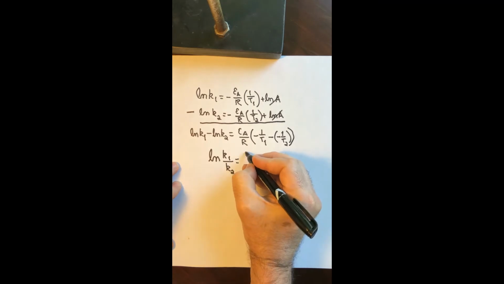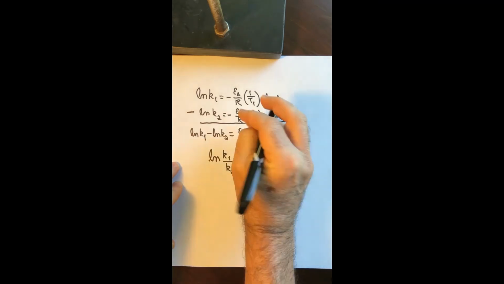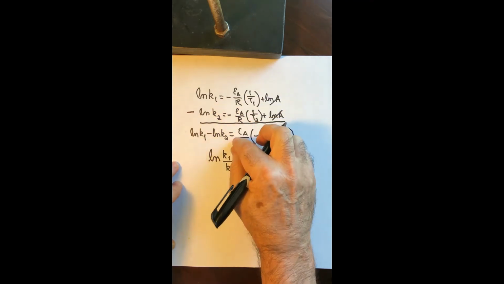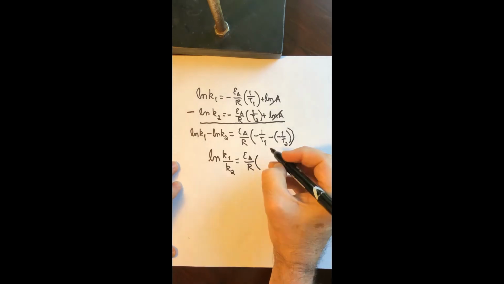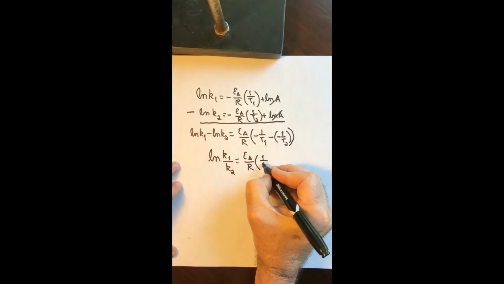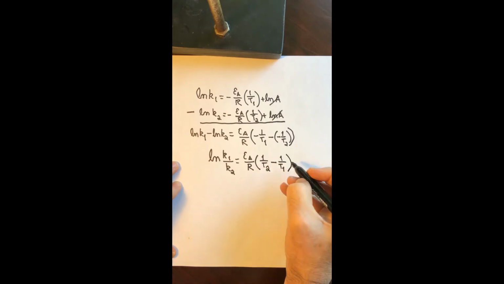And then over here, we're going to have the activation energy over R. Notice what we did here, we moved the negative signs with the temperature units. We left out just the activation energy over R. And so what happens here is, since this is minus minus, it becomes positive. And so we can rewrite this as 1 over T2 minus 1 over T1.